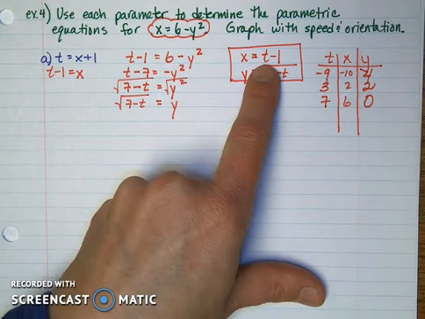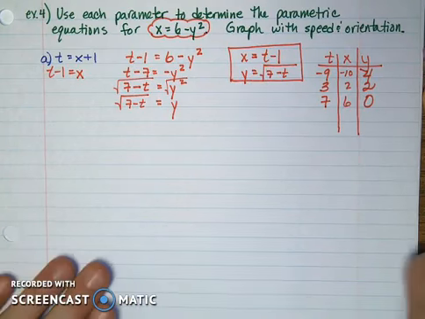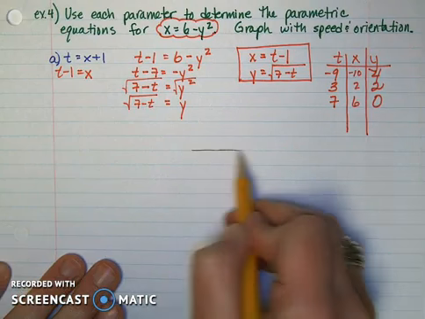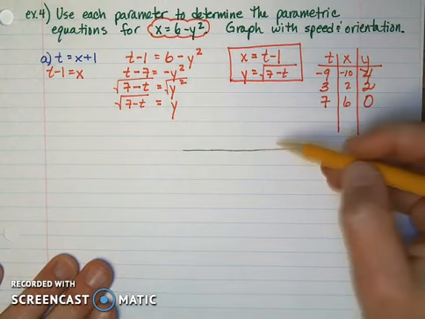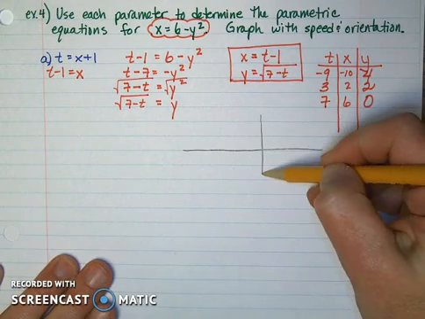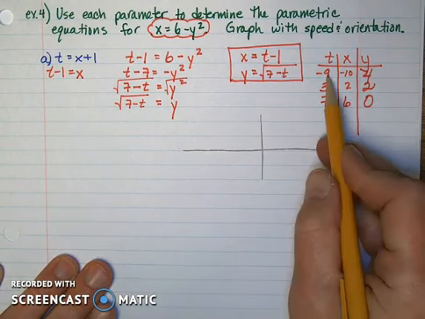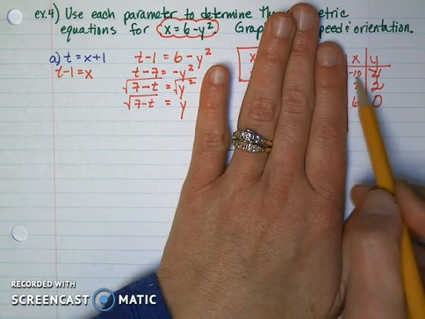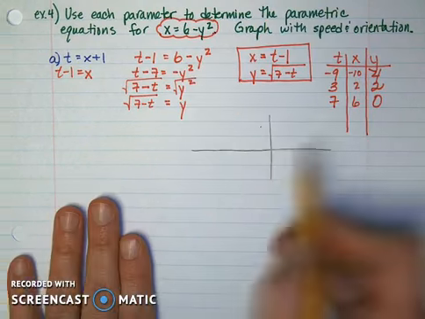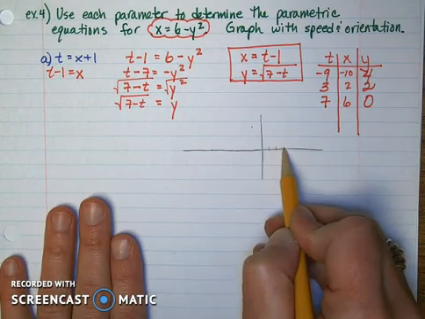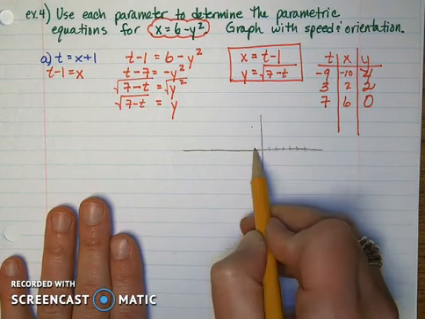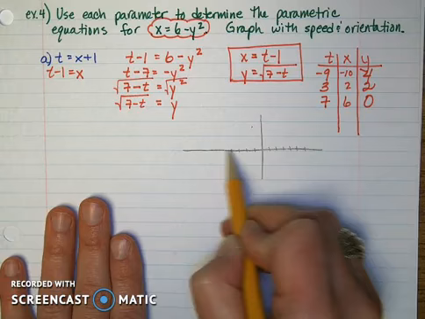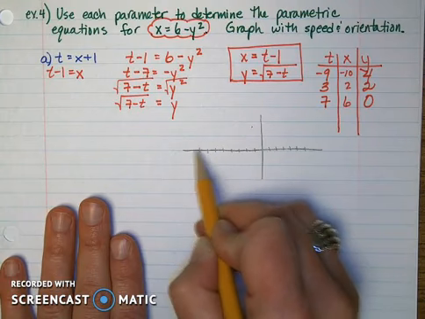And then when I plot that, let's see here. Remember here you're only graphing the x and the y. I need to have a negative 10 and a 6. 1, 2, 3, 4, 5, 6. 1, 2, 3, 4, 5, 6, 7, 8, 9, 10.